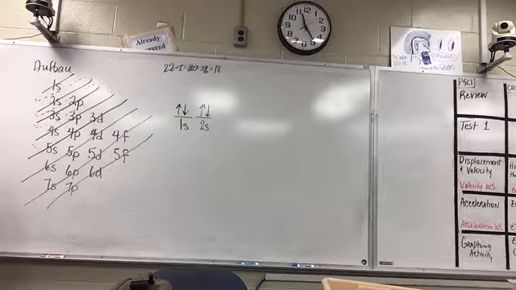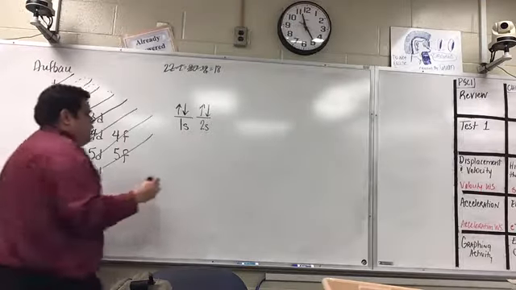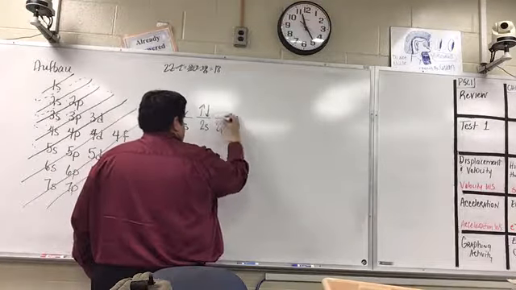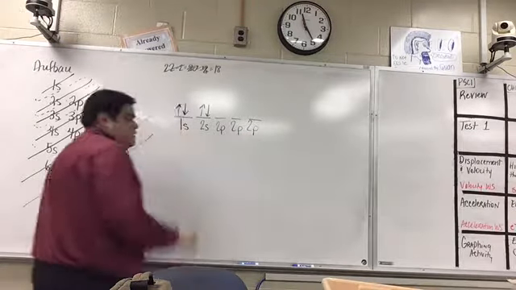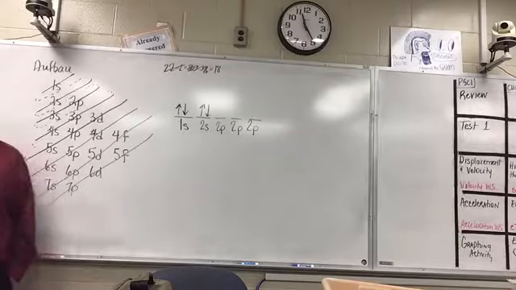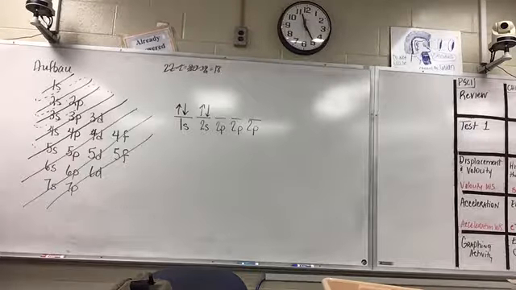What is the next orbital I will use? 2p. The 2p can hold how many? 6. So how many sublevels do I need? 3. So I will now go over here, and I will go 2p, 2p, 2p, because each of those p's can hold how many? 2. Okay?